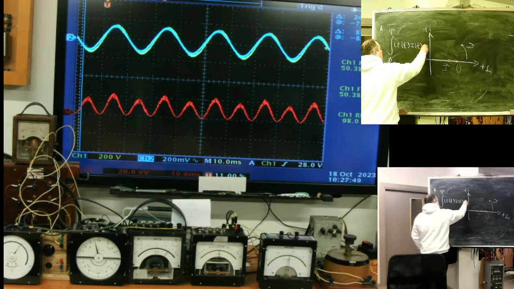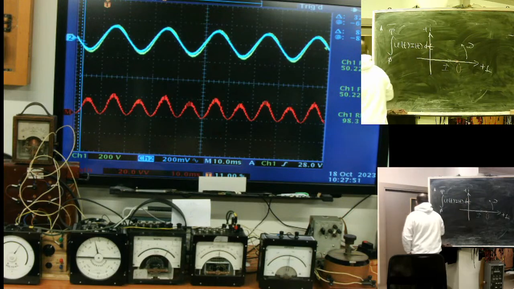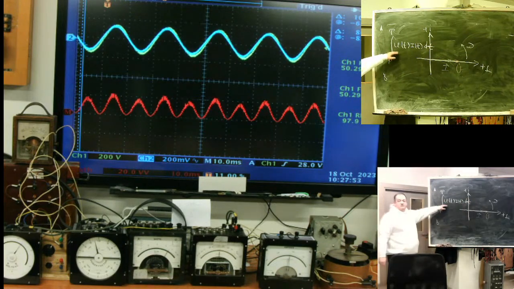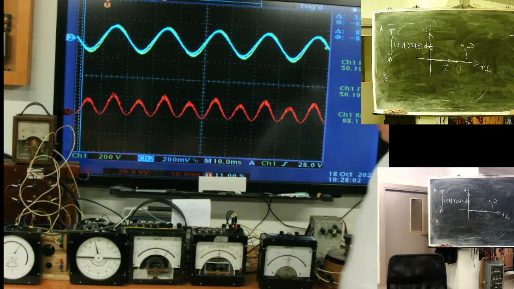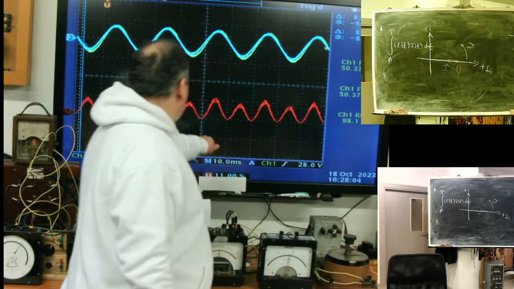What's the meaning of this formula? Energy supplied to the load in one period.